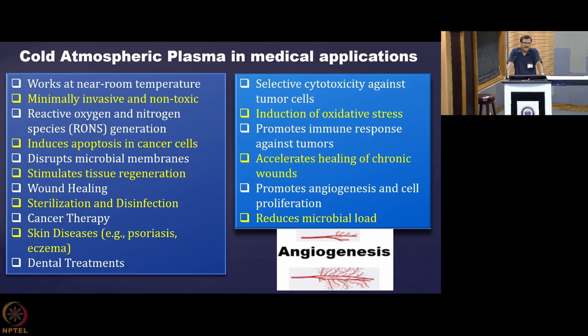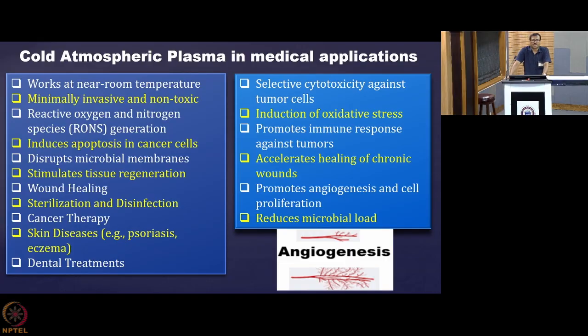It gives you reactive oxygen and nitrogen species, induces apoptosis in cancer cells, disrupts microbial membranes, and stimulates tissue regeneration. It works for wound healing, sterilization and disinfection. For cancer therapy, it has shown very promising results. It works fantastic for skin diseases like psoriasis and eczema, and it is nowadays effectively being used in dental treatments.